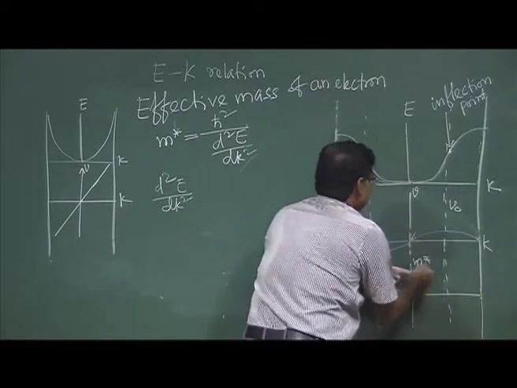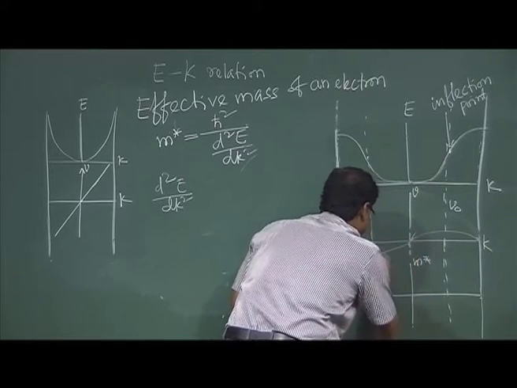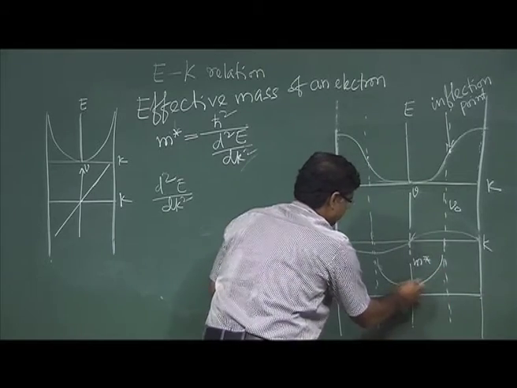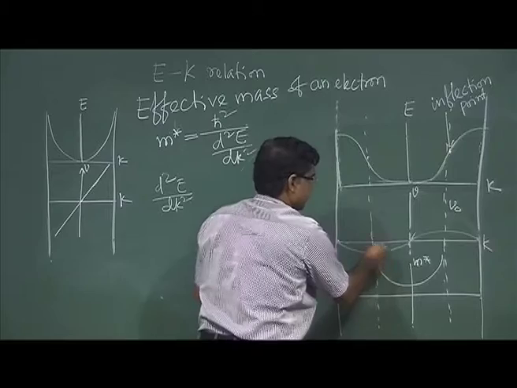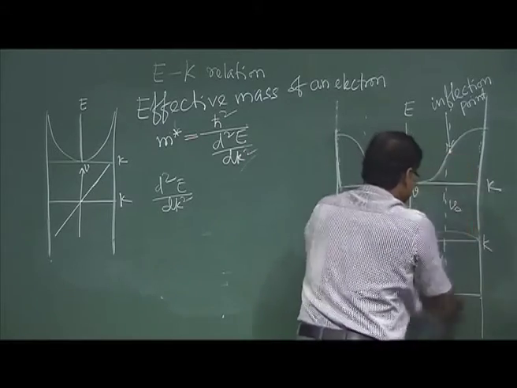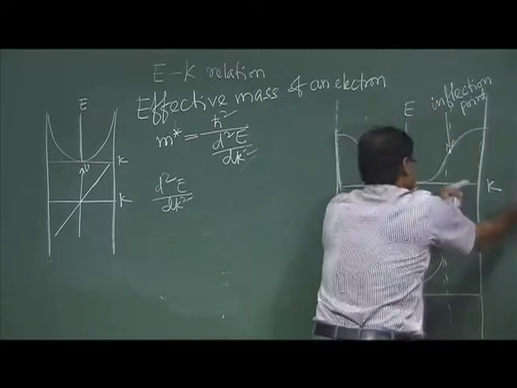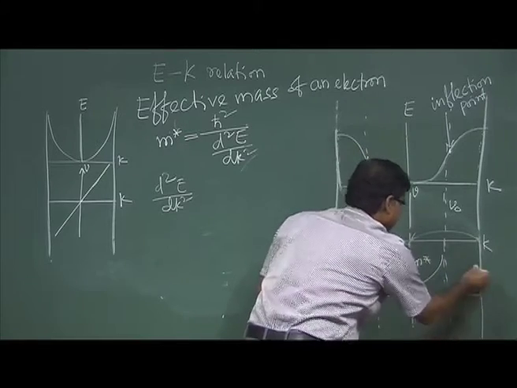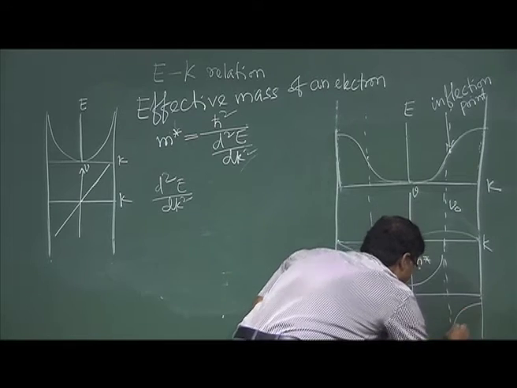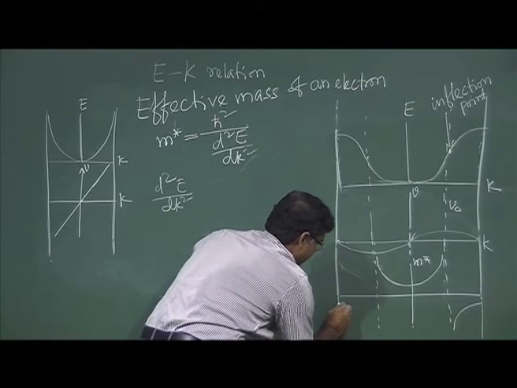Here you will get this type of curve, it has to be symmetric, and at the inflection it is discontinuous, and then this is this curvature and this is the other curvature. So, just opposite to that.